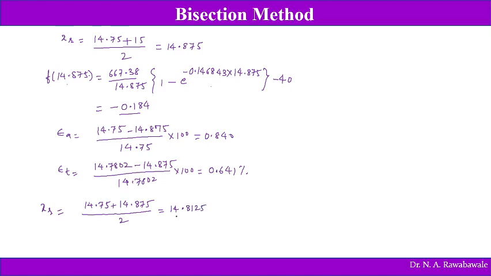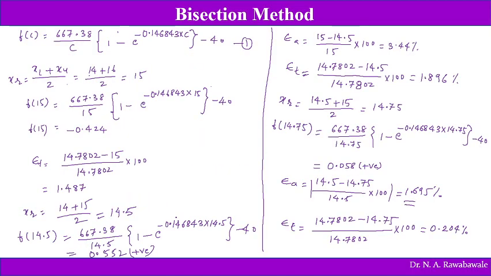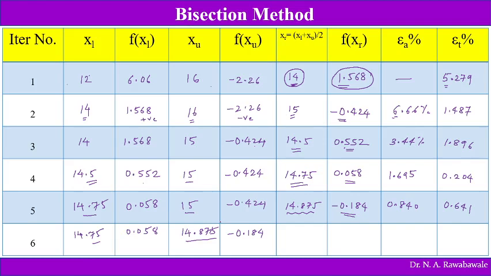So this is a revised function or a revised root of the function. So now we can write it here, 14.8125. So this is a revised root which we obtained.